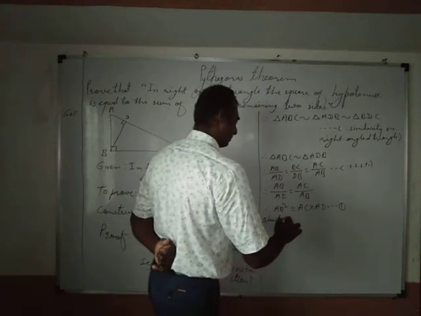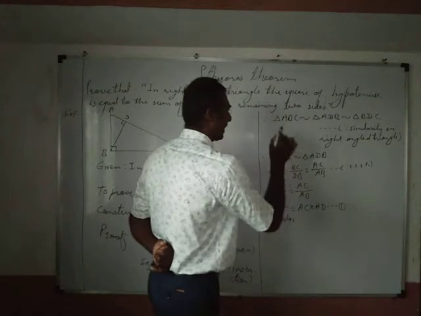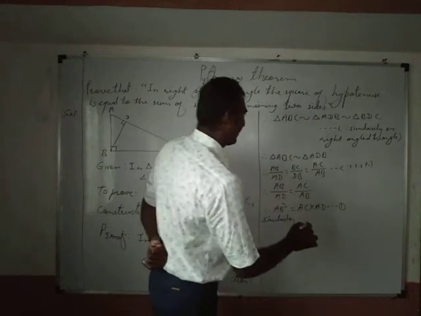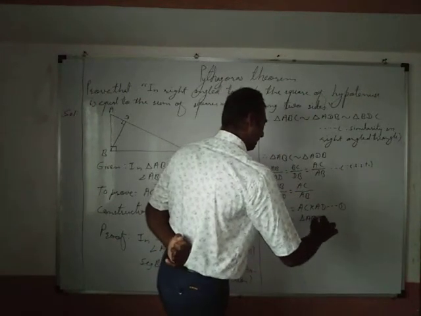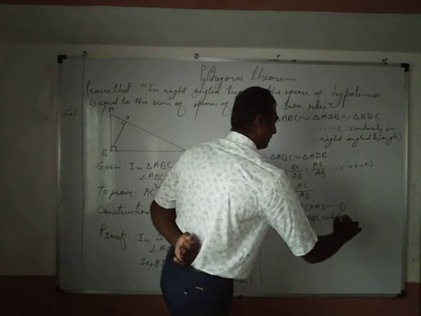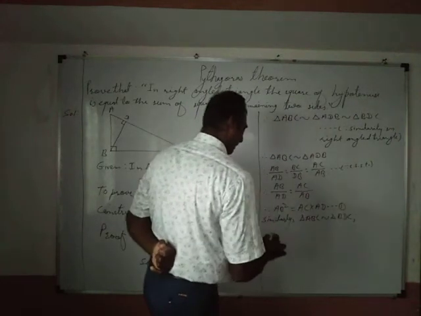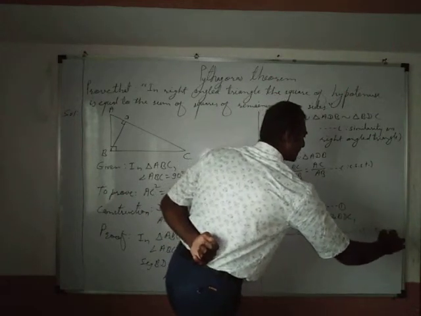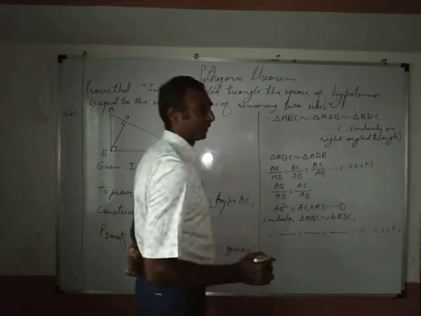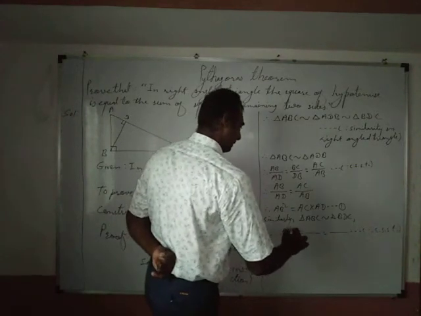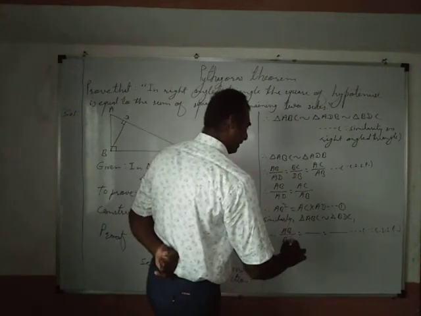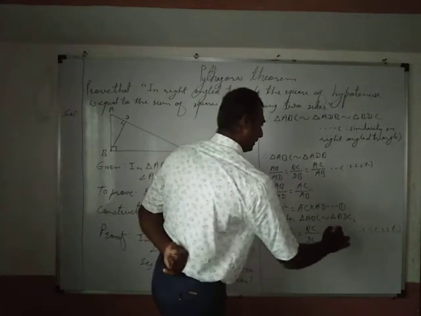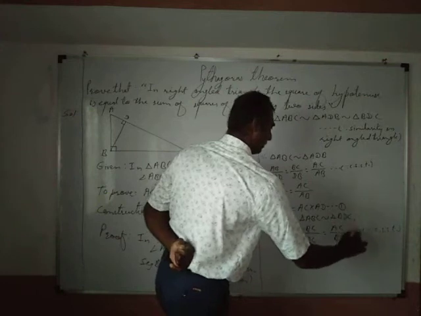Similarly, triangle ABC similar with triangle BDC. Let's write here triangle ABC similar triangle BDC. Okay, and therefore if two triangles are similar, then their corresponding sides are in proportion. Means AB upon BD equals BC upon DC equals AC upon BC.